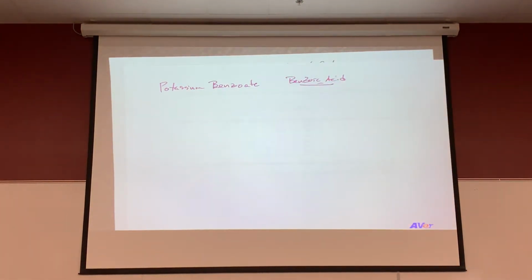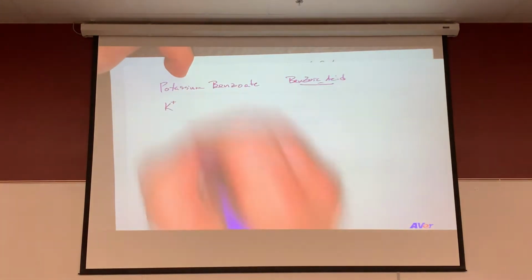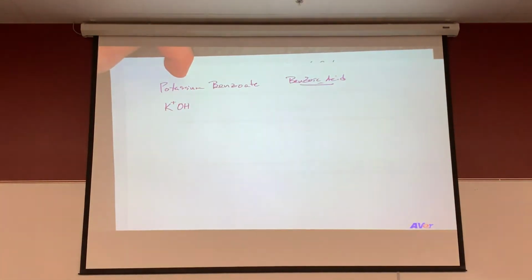If you dissolve potassium benzoate in water, first question, what do you associate potassium with respect to acids and bases? Or another way to think about that, take the potassium, put an OH on it. Is that a strong acid, a strong base, or a weak base? Strong. Strong bases are group 1 hydroxides and then heavy group 2.